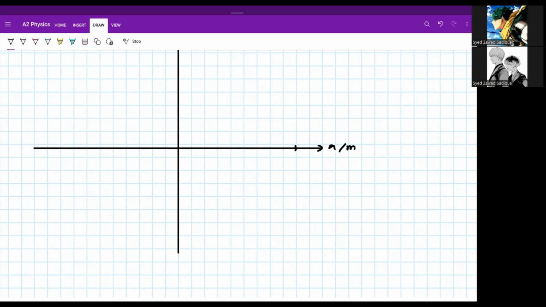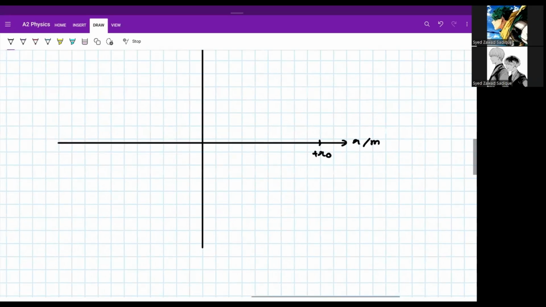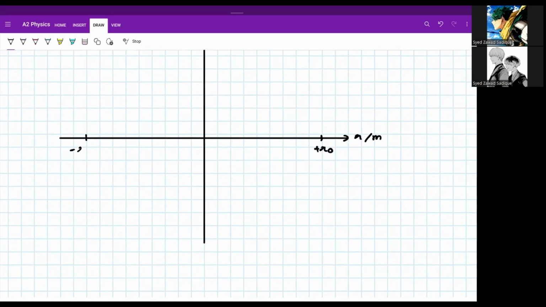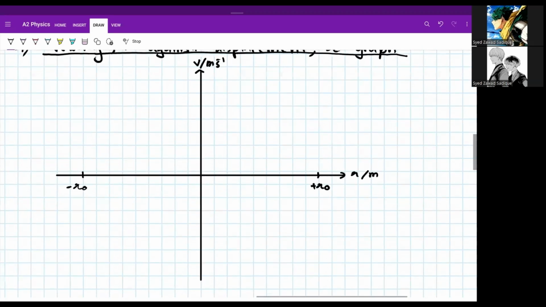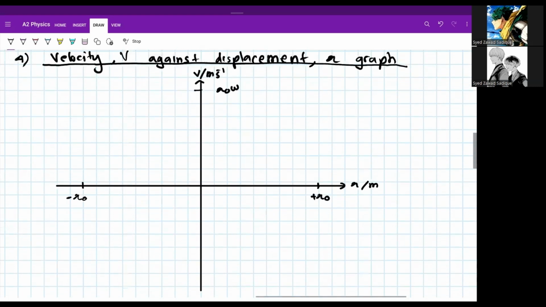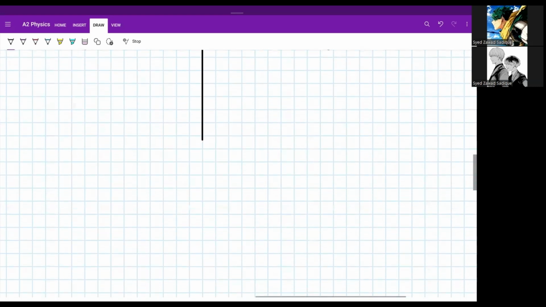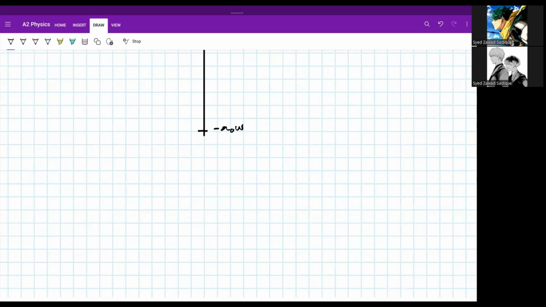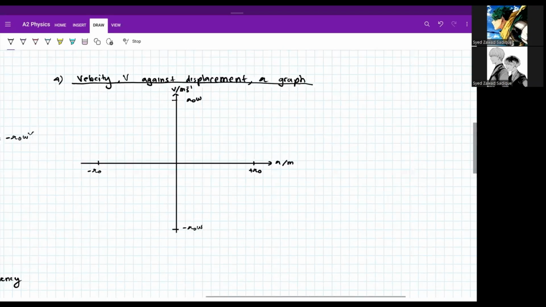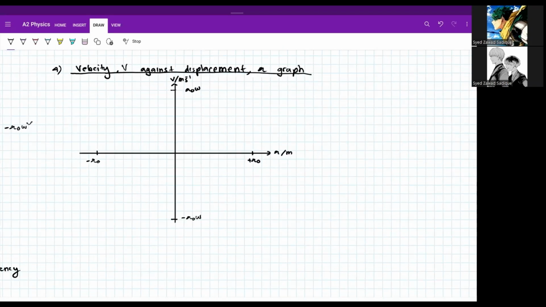Considering this point is plus x naught, this point is minus x naught, this point is maximum velocity, and this point is minimum velocity. 4 points: 1, 2, 3, 4.